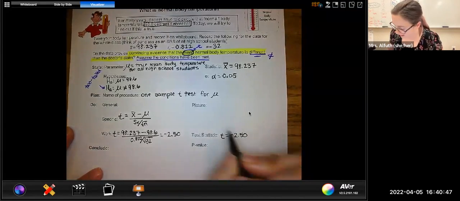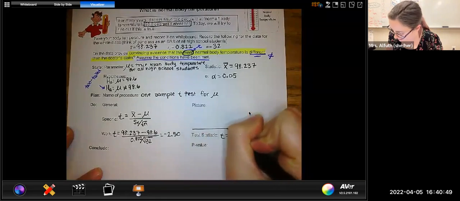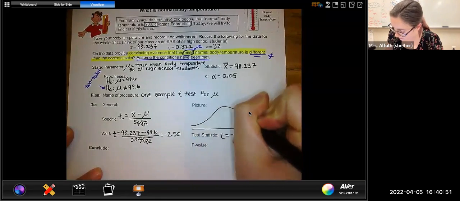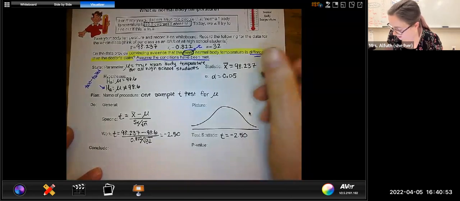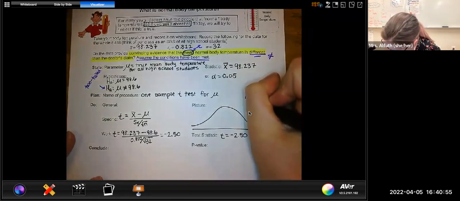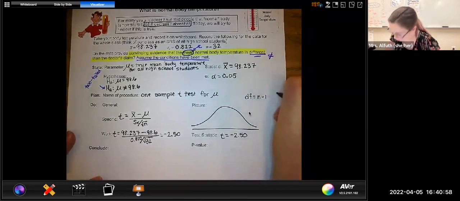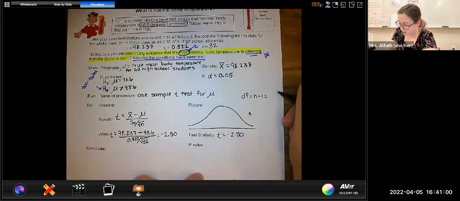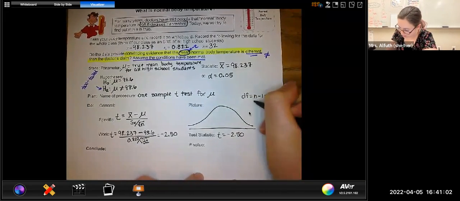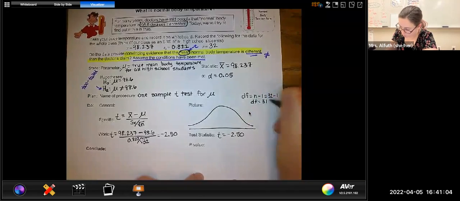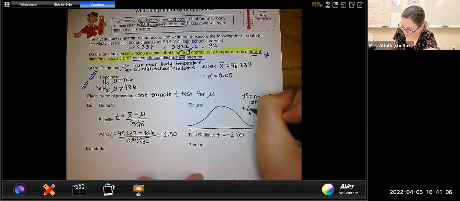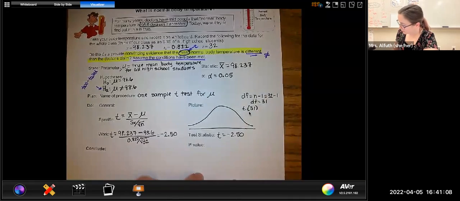So now let's sketch out our T distribution. We know that this is going to need degrees of freedom, which is n minus 1. Our n was 32, so our degrees of freedom is 31. So this is a T distribution with 31 degrees of freedom.